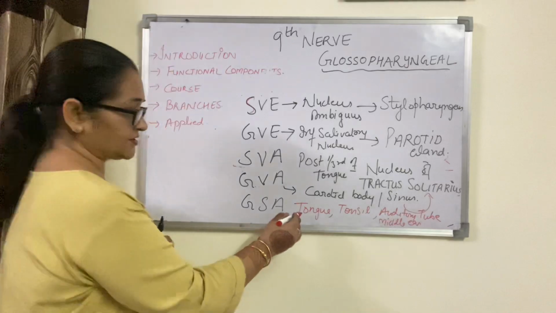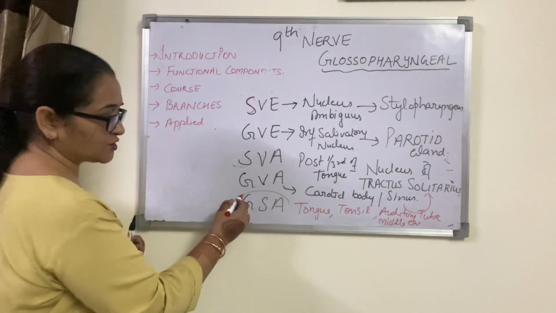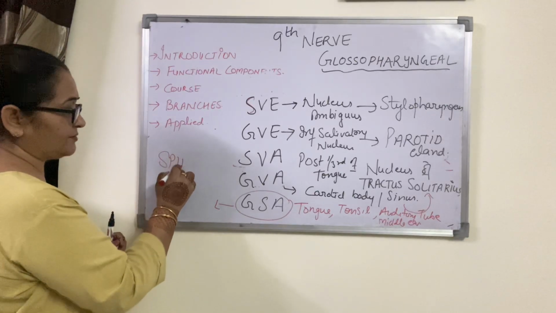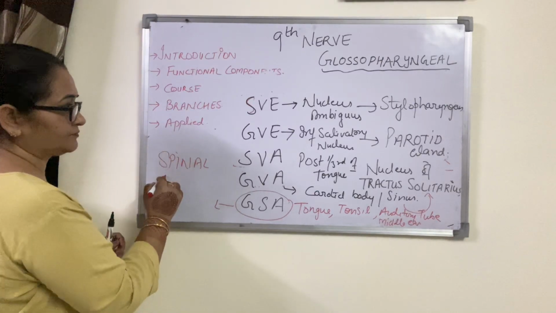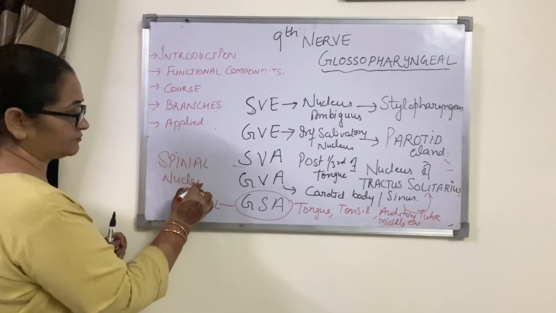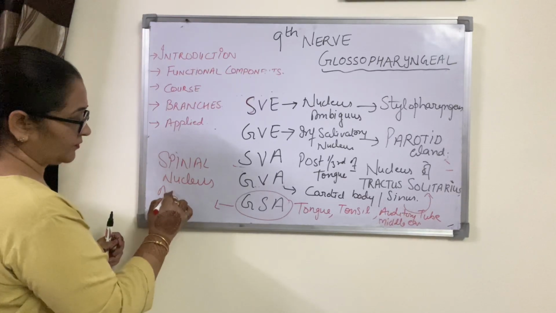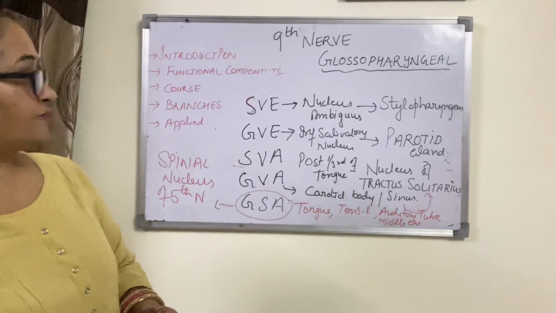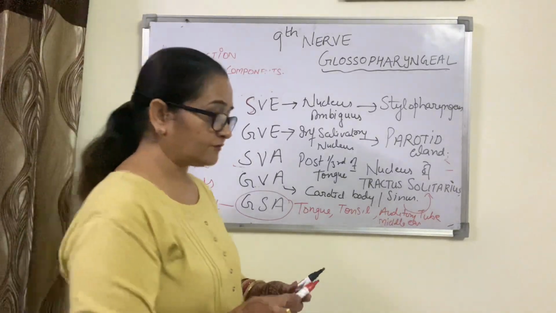And these general somatic afferent fibers go to the spinal nucleus of the trigeminal. So these are the important functional components of this nerve.